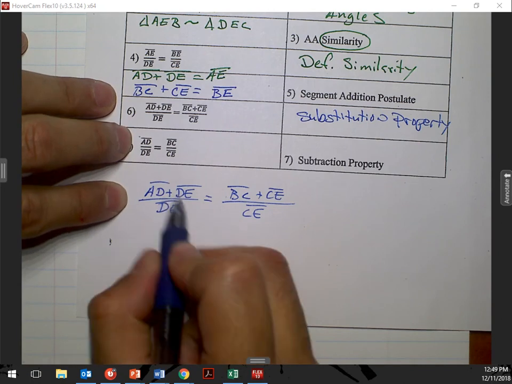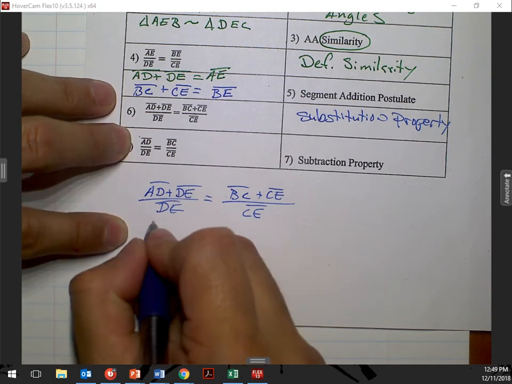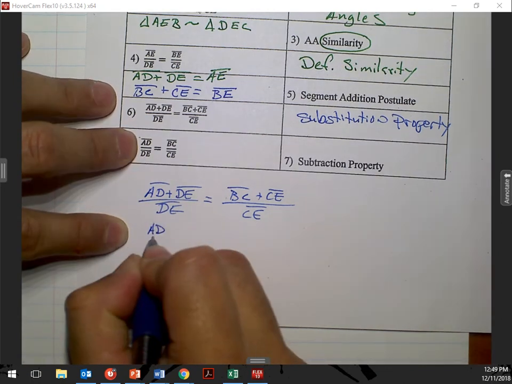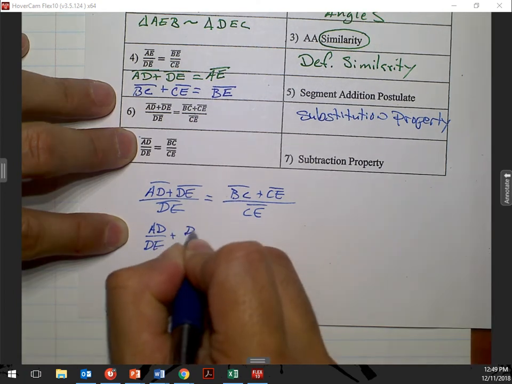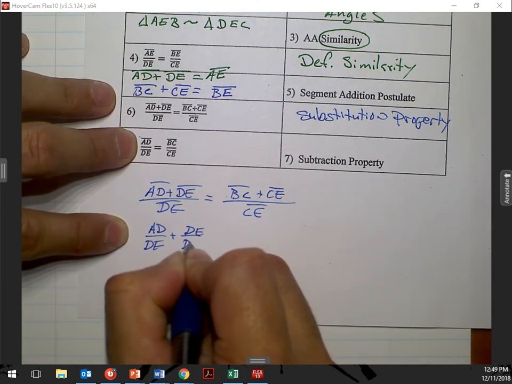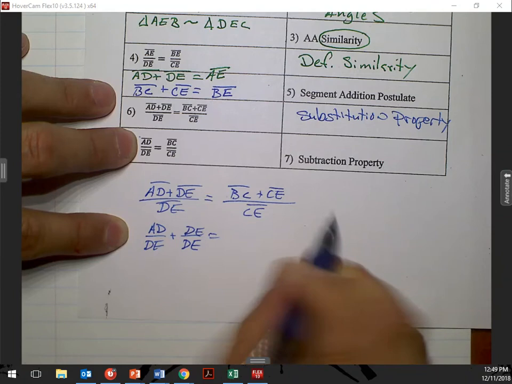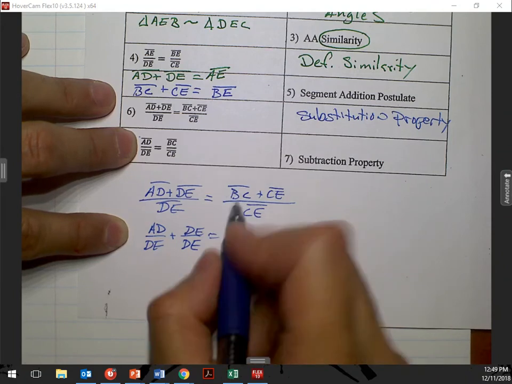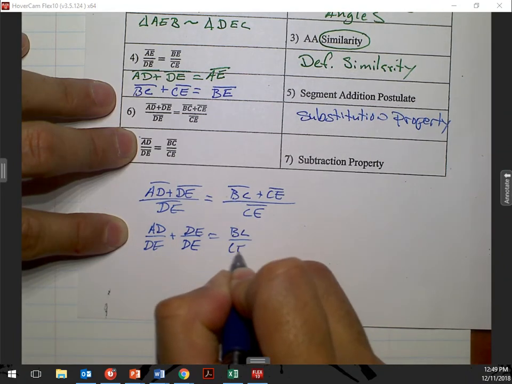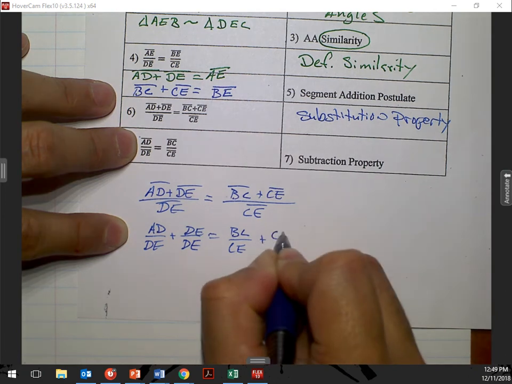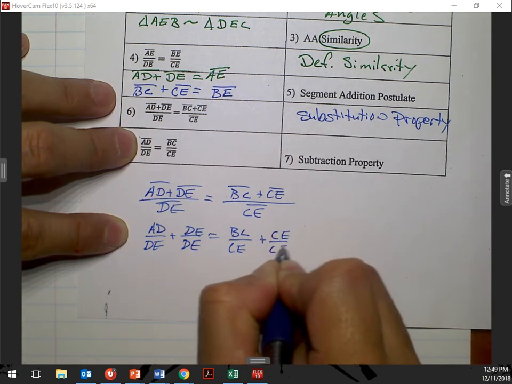So watch this. If it's a common denominator, I could actually separate this. I'm going to say that AD over DE plus DE over DE is equal to, do the same thing over here, BC over CE plus CE over CE.